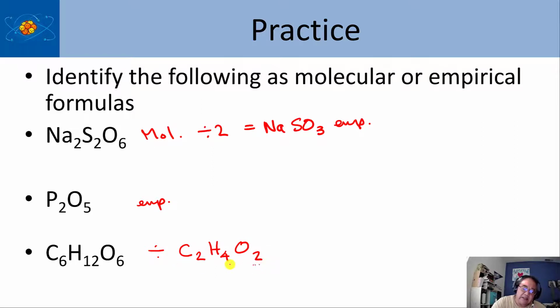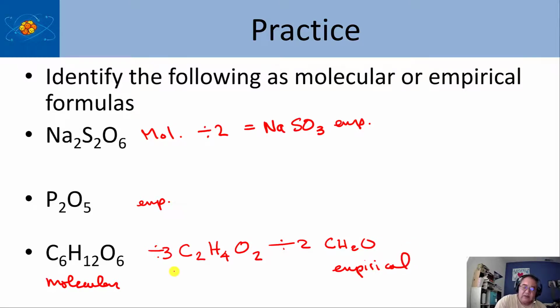Then you'll recognize those are all still divisible by a number, so we can divide by 2. So this is divide by 3, then divide by 2, and you'll end up with C, H2, and O. So this is a molecular formula. You have ones here, so you can't reduce it anymore, so this is the empirical formula.